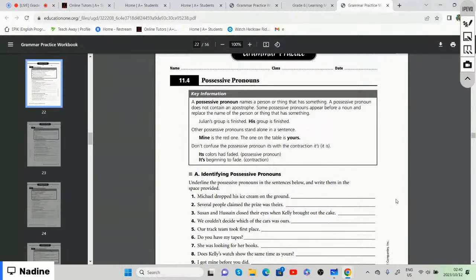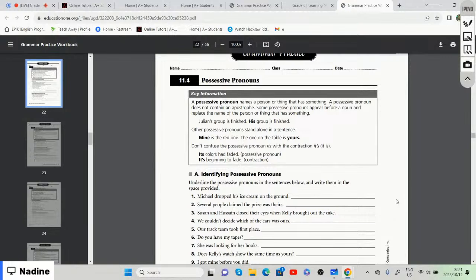Don't confuse the possessive pronoun its with the contraction it's, meaning it is. Because sometimes you can get confused with it's, right? So its, without the apostrophe: its colors had faded, and that shows a possessive pronoun.